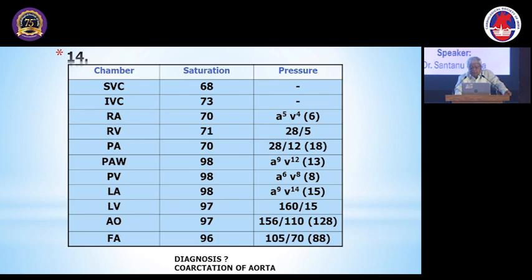There also we expect a widening of the pulse pressure. Third option is if there is a subpulmonic VSD, and because of the streaming, pulmonary arterial saturation will be high. So these are the three alternatives, and my take is the last one. It is likely to be a subpulmonic VSD.